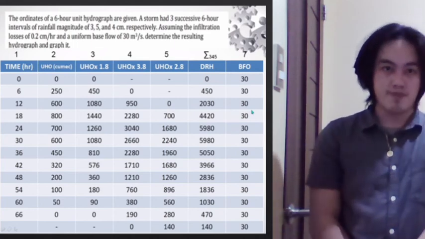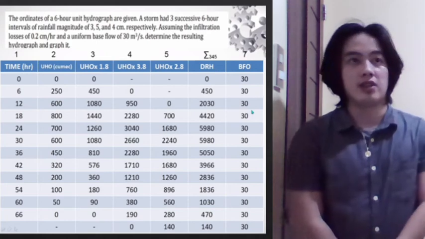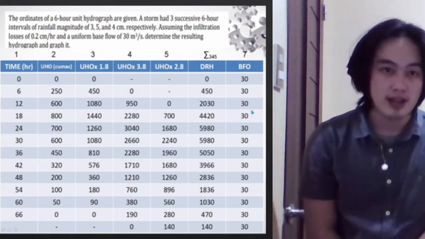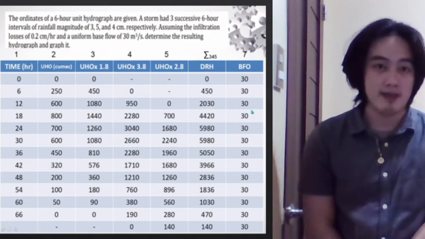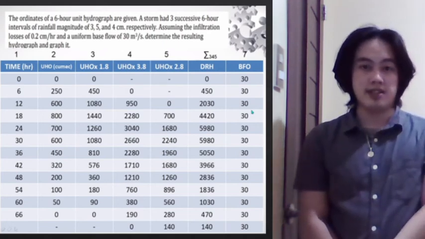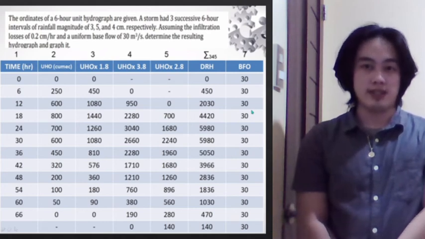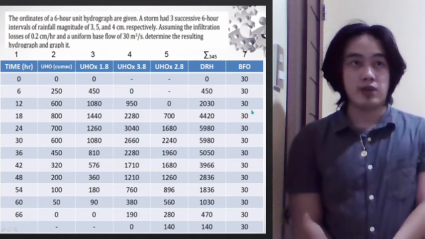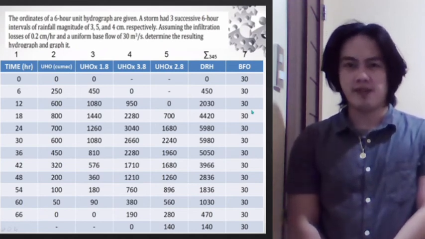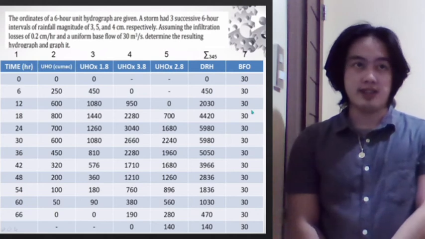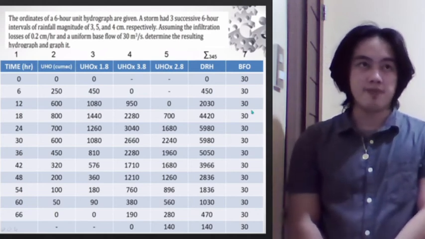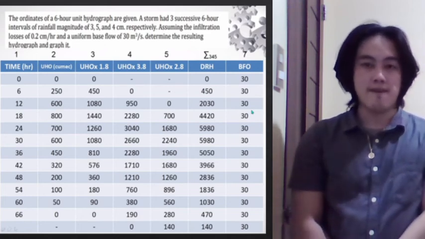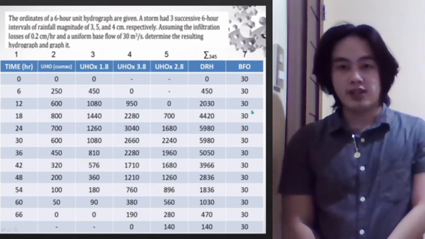So to solve this, 0.2 is in cm per hour. Times the 6 hours given, so 0.2 times 6 equals 1.2. So that 1.2 is our first interval. In the second interval, 3 cm minus 1.2 equals 1.8.